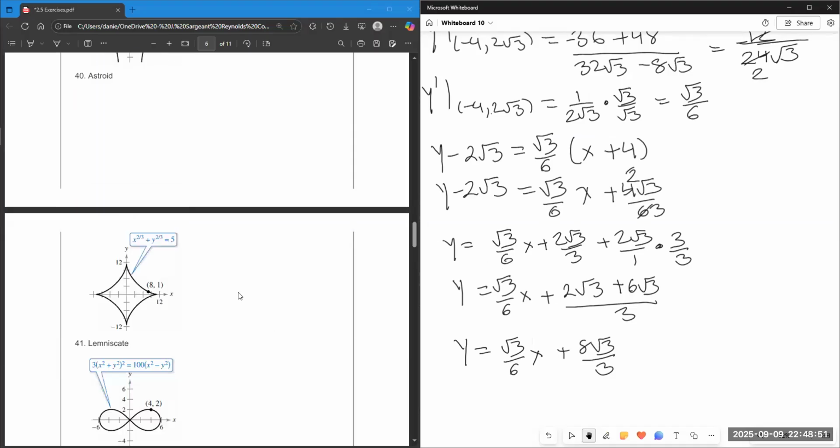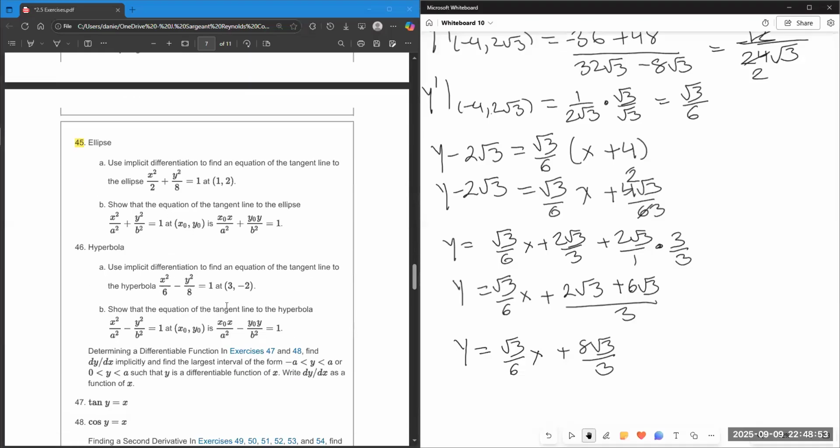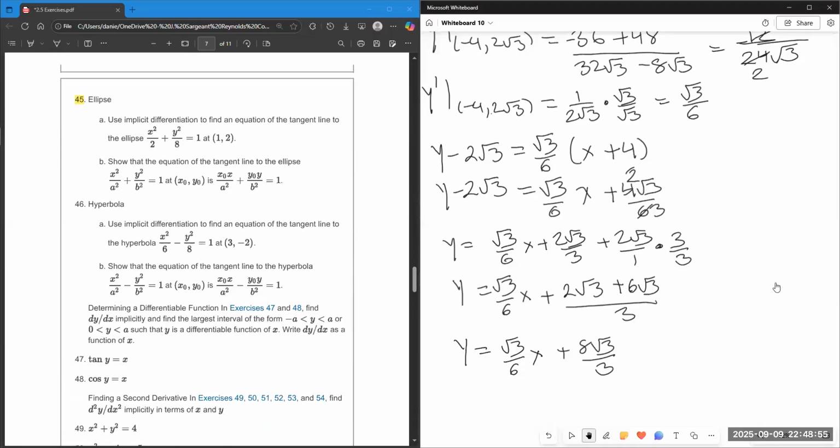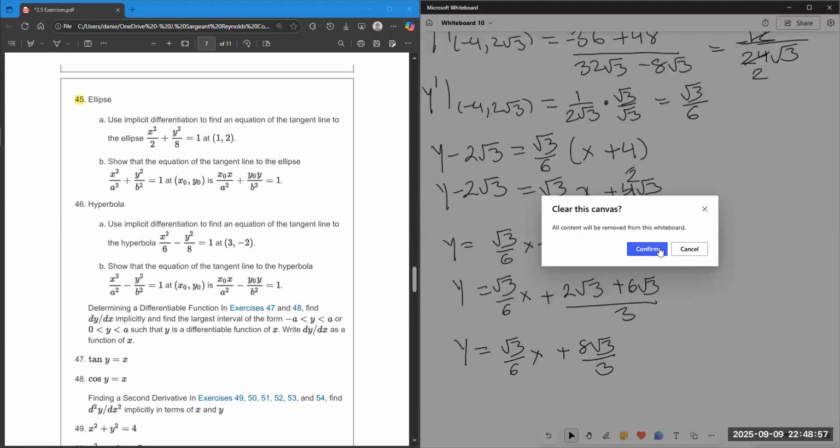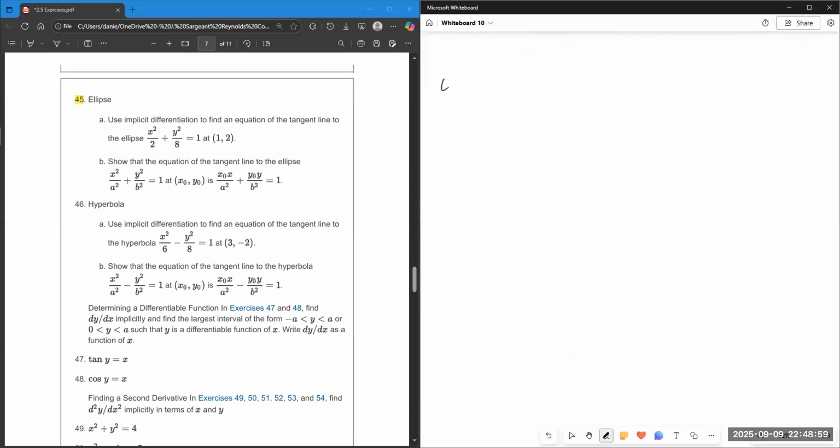Let's look now at number 45. Number 45 is an ellipse problem, and we're given a specific ellipse, x squared over 2 plus y squared over 8 is equal to 1. And we're going to be at the point (1, 2).